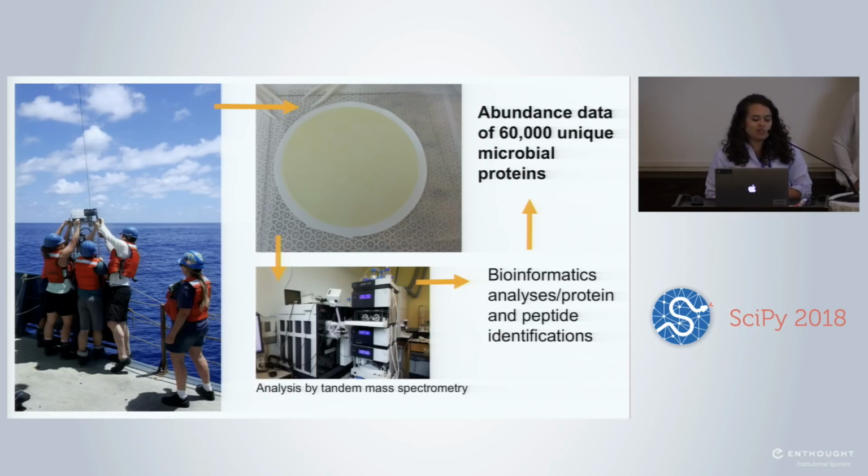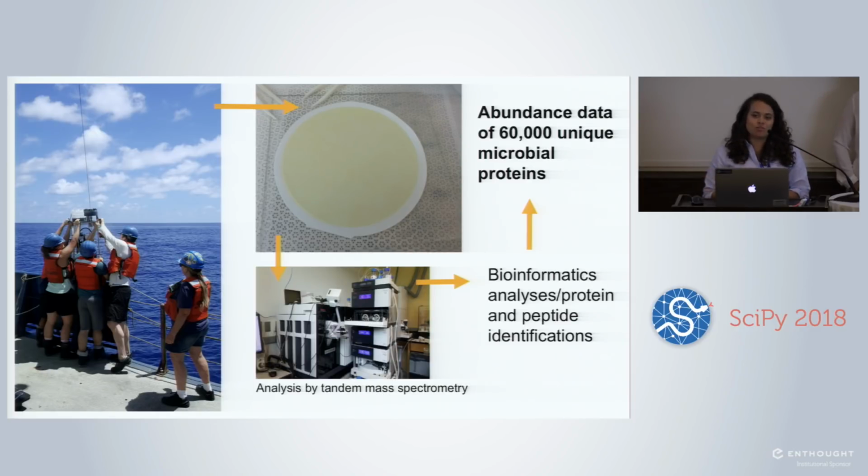The way we sample the ocean is by deploying in situ pumps that pump hundreds of liters of seawater through tiny filters. These filters collect cells that are living in the water mass. Then we use tandem mass spectrometry-based methods to analyze the proteins in these cells. We're not going to discuss these methods in detail, but Jackie or I are happy to talk to you about them if you're interested.